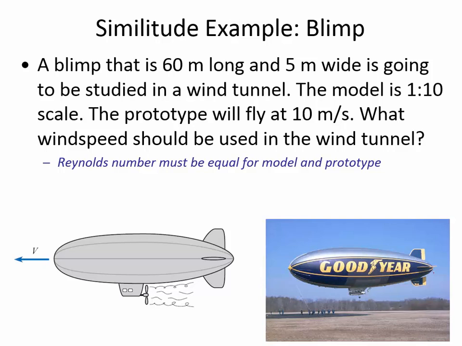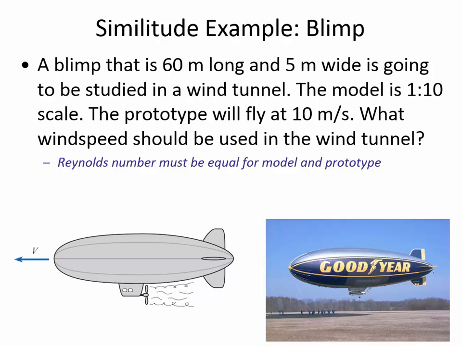And so we're going to make sure that the velocity of the air going around the model multiplied by whatever length parameter of the model multiplied by the density of the fluid used with the model divided by the viscosity of the fluid used for the model is equal to all of those parameters for the prototype. So V sub P times L sub P, density sub P, and viscosity sub P.